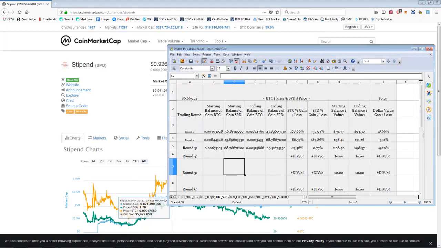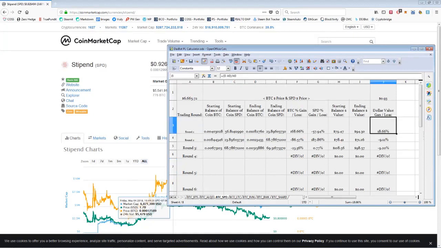So the first round I did, I was heavy on the Stipend side, and I increased my Bitcoin a lot. That ended up netting me 18% gain with today's prices.